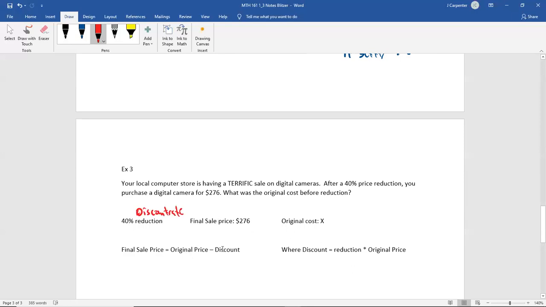So this feels like a system of equations because there's two things, but really you can just substitute reduction times original price into this and it gives you what you need. So you could say final sale price is the original price minus the reduction times the original price.